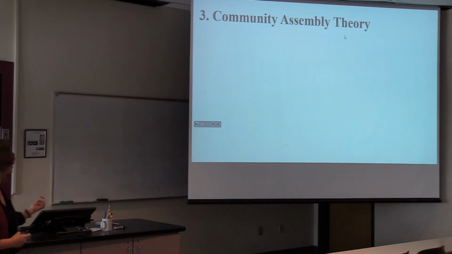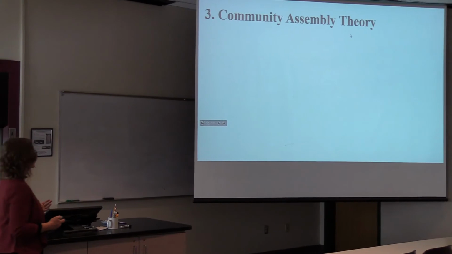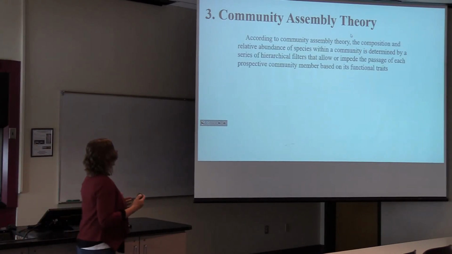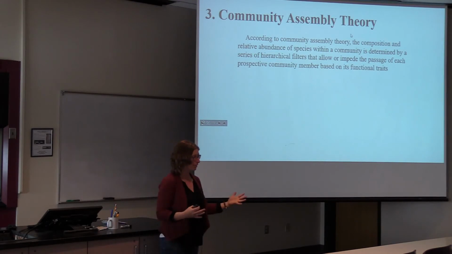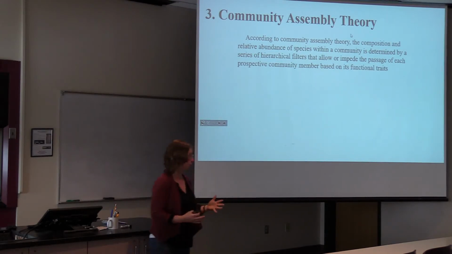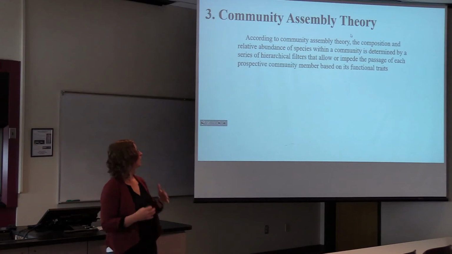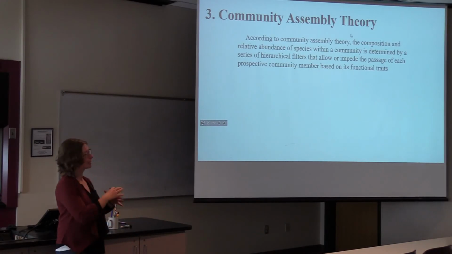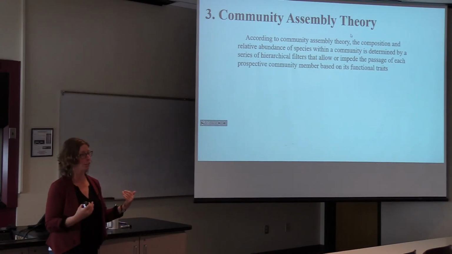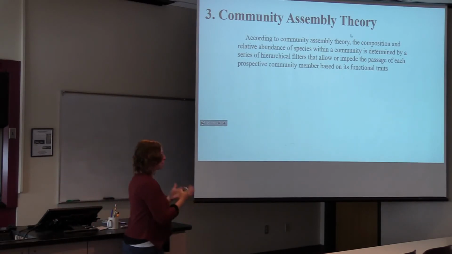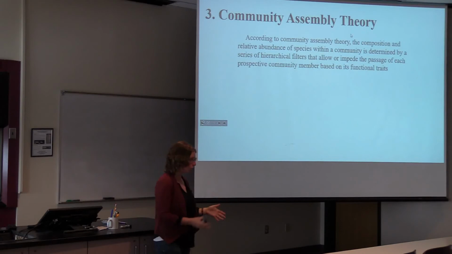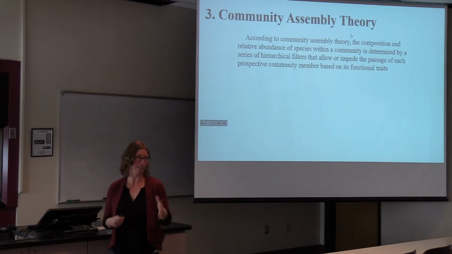Many of you may have heard of community assembly theory. Community assembly theory posits that the composition and abundance of species within a community is influenced or determined by a series of hierarchical filters. These filters either allow or impede the passage of a species into a system based on its traits.